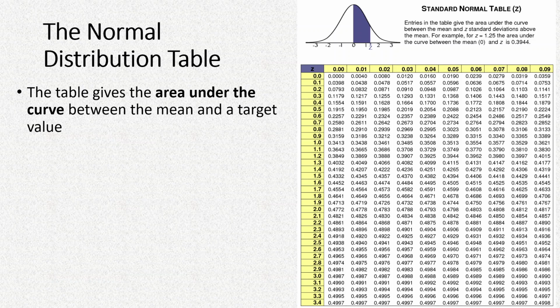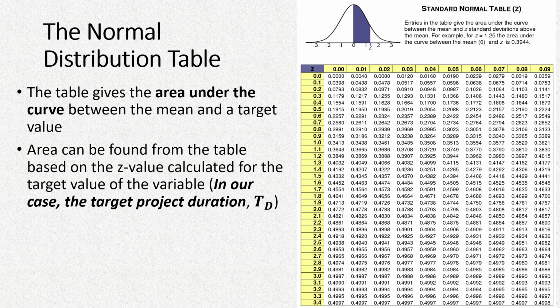Now the table doesn't give you the total area, and it only gives you the area as shown here, the shaded area or the blue area here. That means it is the area between the mean and the target value. Target means whatever value somebody is asking you. So it can be found from the table based on the z value.